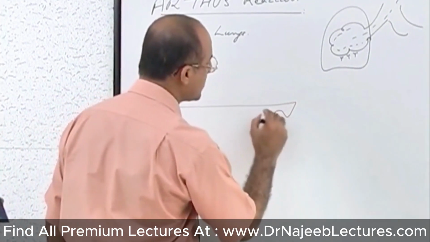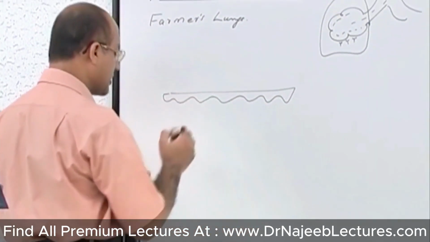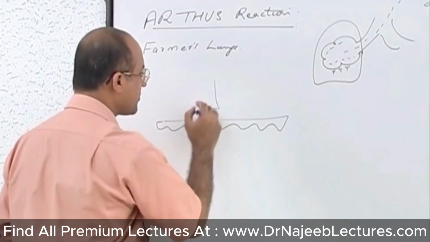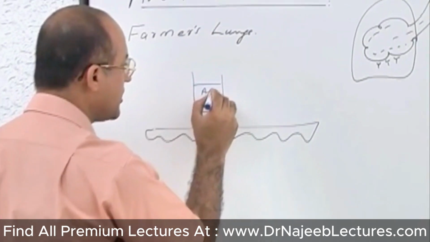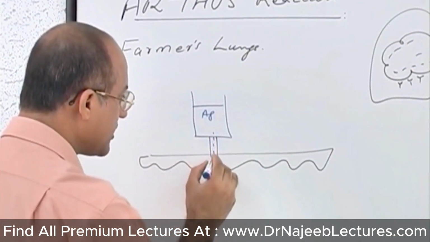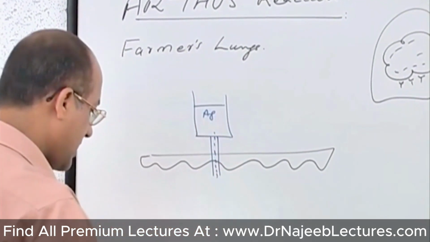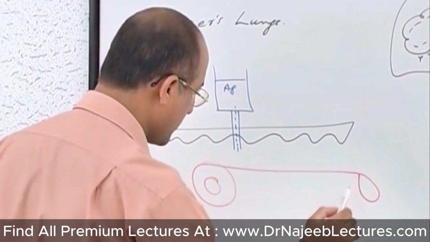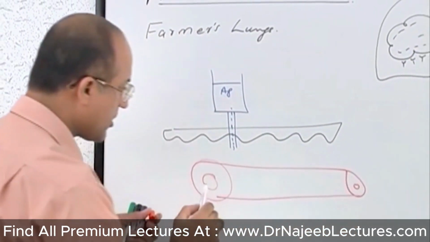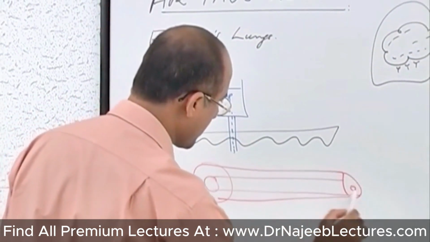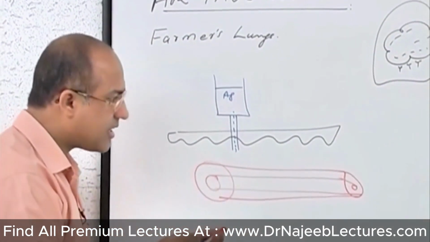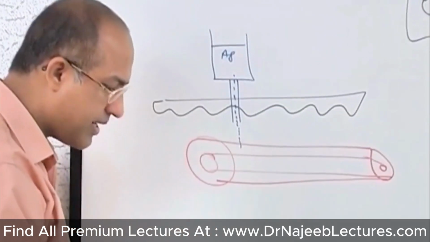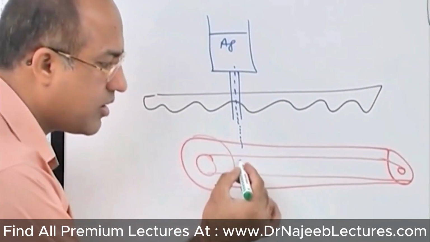Another example of Arthus reaction is when you inject some substance against which the patient has already made antibodies. These are the antigens coming from the injection, and let's suppose this is the blood vessel of the patient. What really happens? As you inject the antigen, it meets the preformed antibodies already in the circulation due to previous exposures.